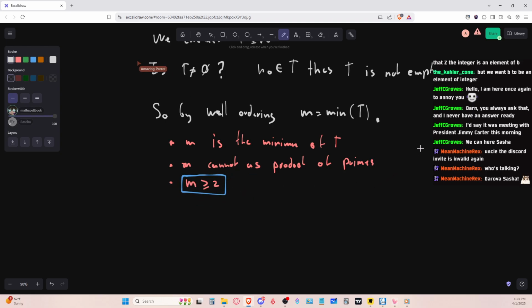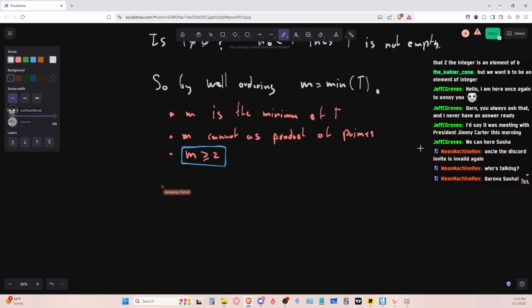Yeah, so let's apply this. So do you agree that there exists a p which is prime such that p divides m?